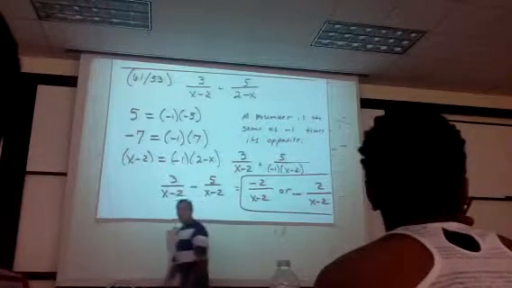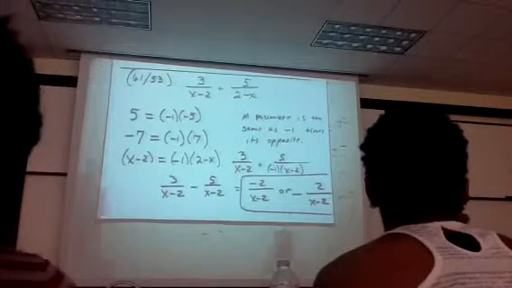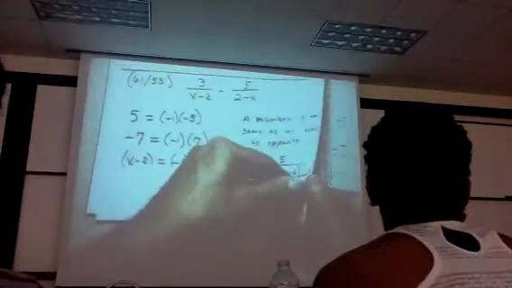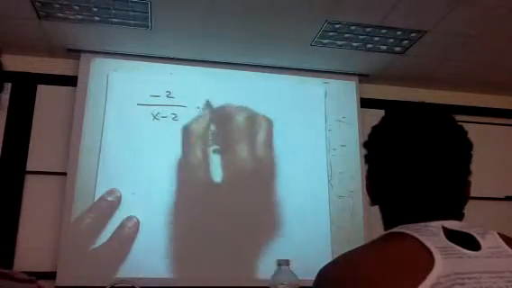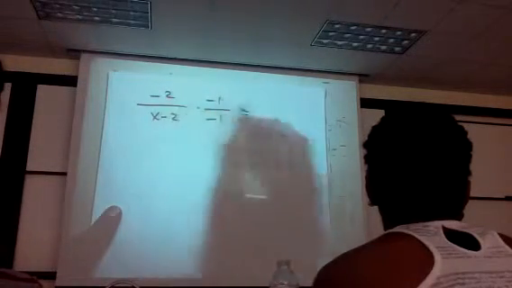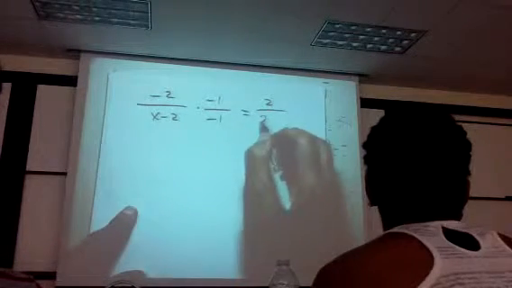So, here's another way to think of it. I've got negative 2 over x minus 2. If I would multiply top and bottom by negative 1, I would get 2 over 2 minus x.